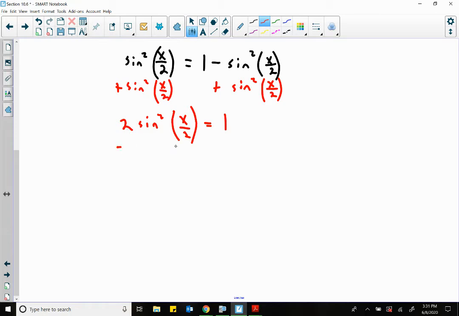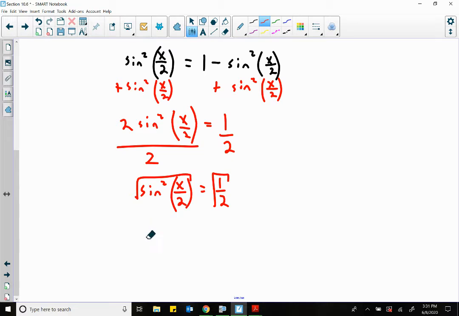So we're going to divide this by 2 to get rid of multiplication. And now you have sine squared x over 2 equal to 1/2. How do you get rid of something squared? Square root it. Now remember, when you take a square root of both sides, that makes this side become plus or minus.